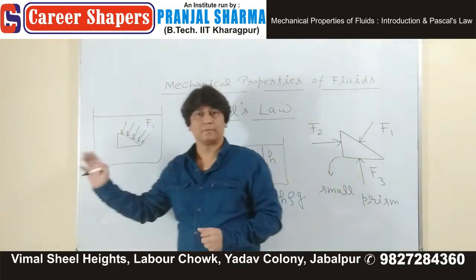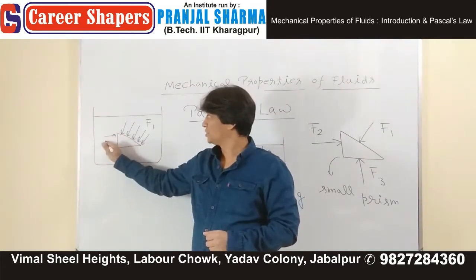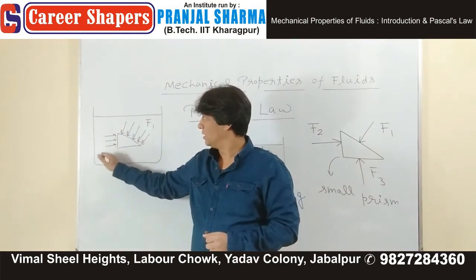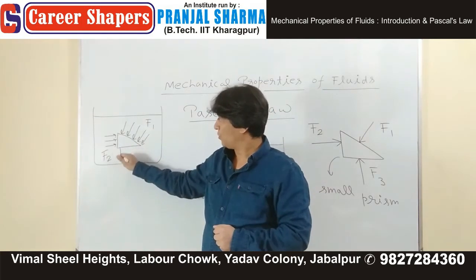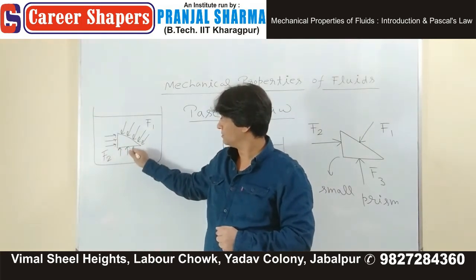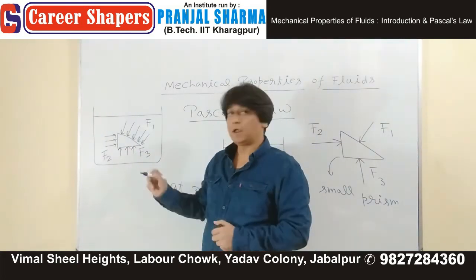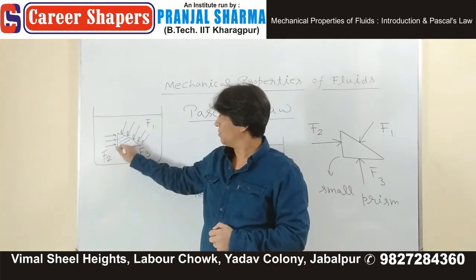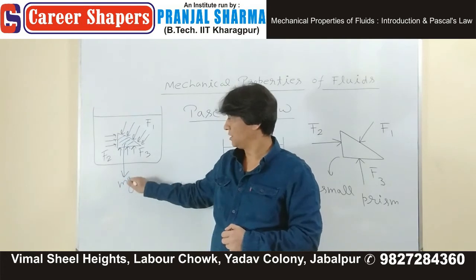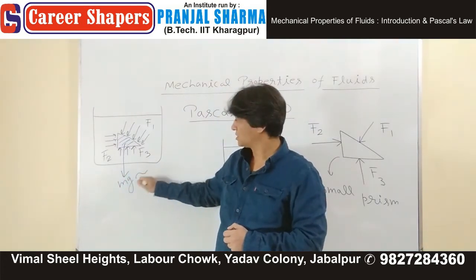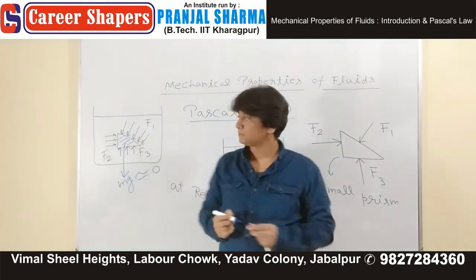Similarly, some force is coming from this side. The force which is coming from this side, let's call it F2. Force coming from the bottom, it is F3, and mass of the whole element is mg, which is approximately 0 because it's a very small prism.